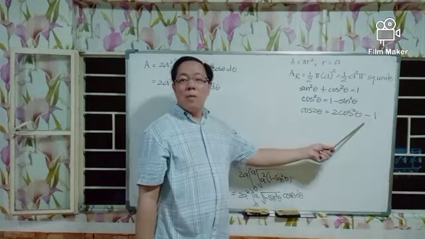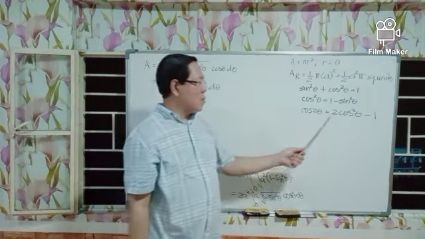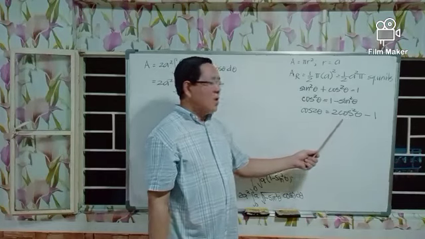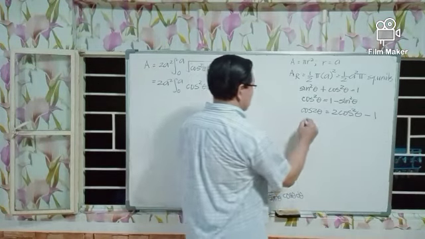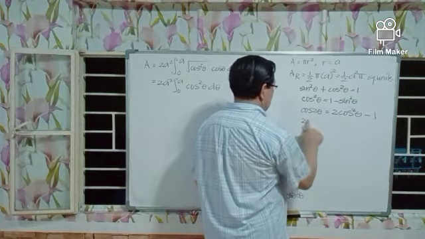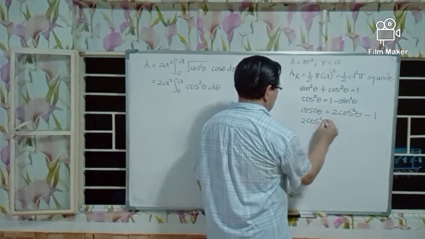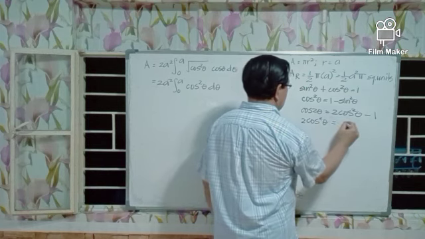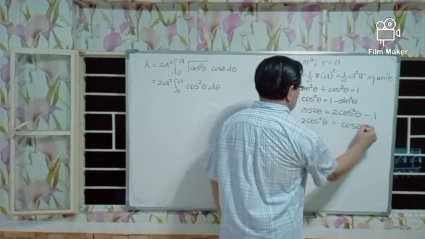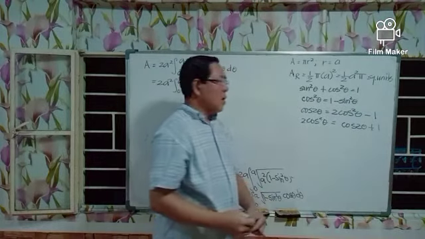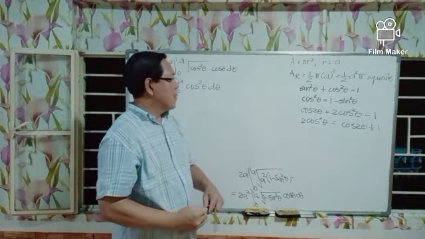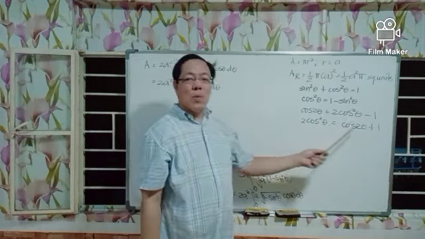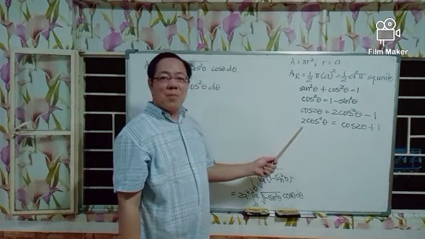We transpose minus 1 to the left, or we add 1 to both sides of the equation. If you add 1 to the right hand side, you get 2 cosine squared theta. And we also add 1 to the left hand side to maintain the equality of the two quantities. And we now divide both sides by 2.